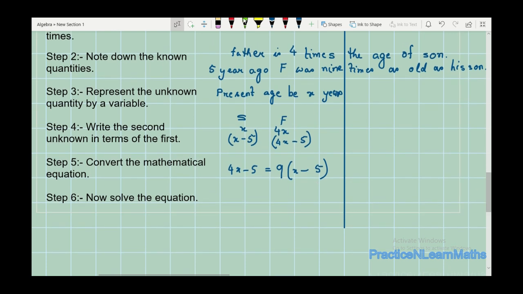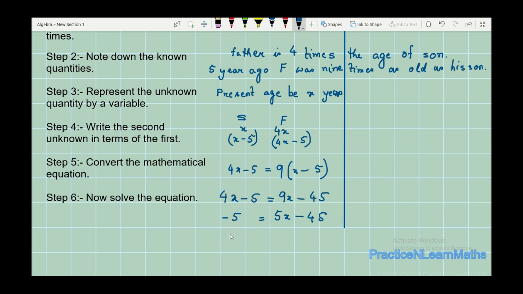Let us solve it. 4x minus 5 is equal to, if we open the brackets, 9x minus 45. Subtracting 4x from both sides, we get minus 5 is equal to 5x minus 45.